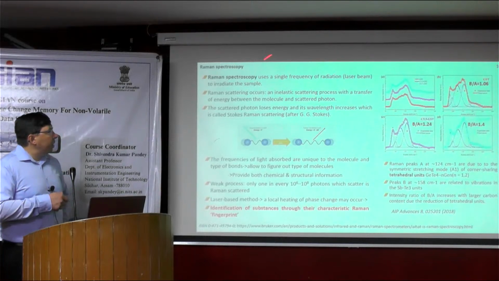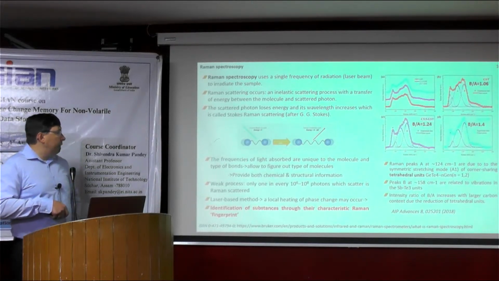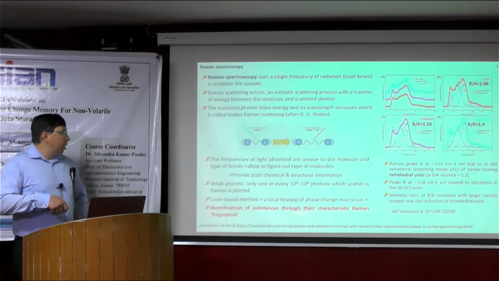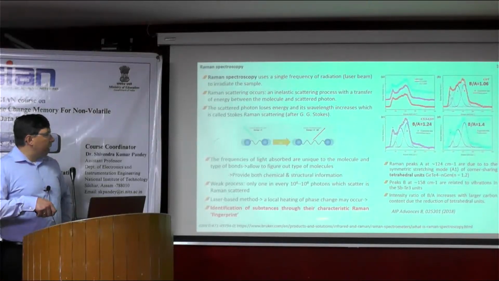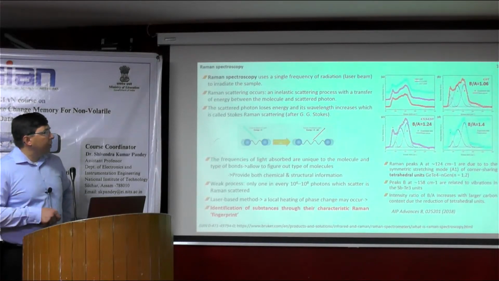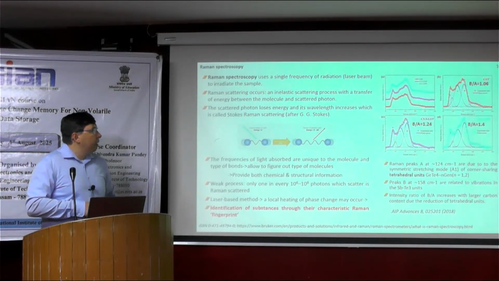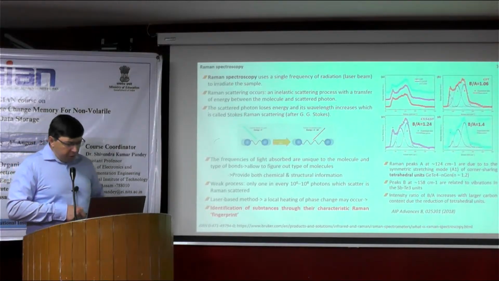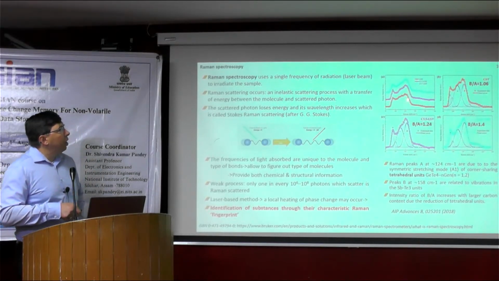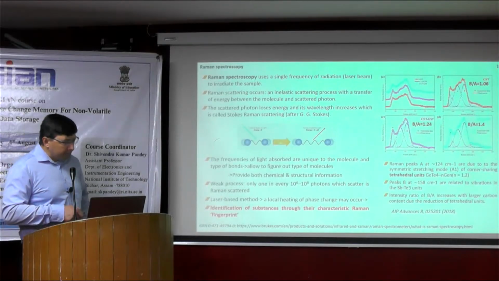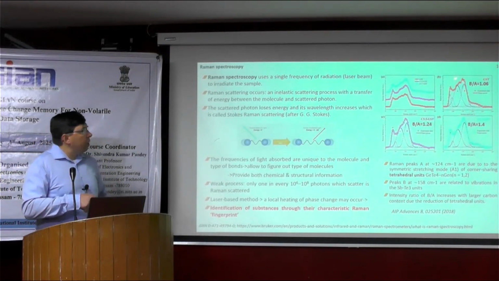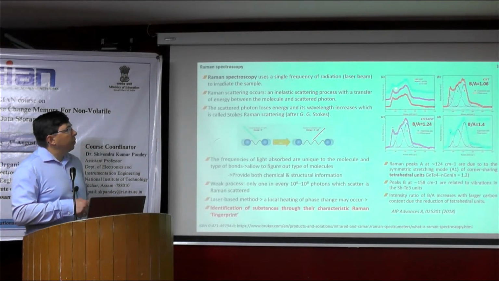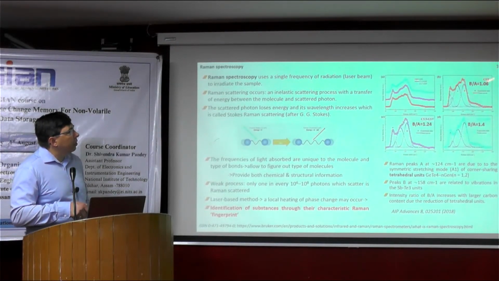In Raman scattering, you identify your substances through the so-called characteristic Raman fingerprint. Here are some examples for different compositions of GST. For the amorphous phase, you see two typical peaks. This is GST.